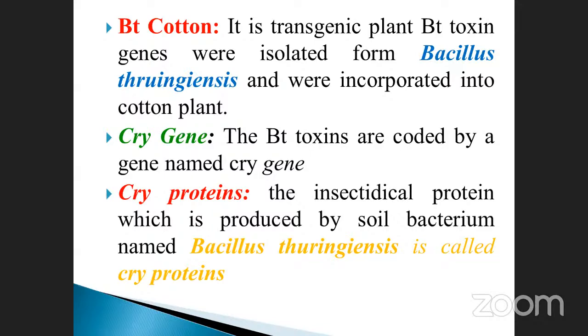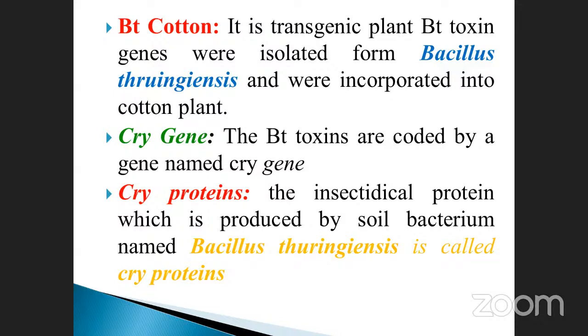In BT cotton, CRY genes are isolated. The CRY gene's toxic substance is called BT toxin. The gene is isolated from the Bacillus thuringiensis, right? The particular gene is called the CRY gene. The CRY gene also produces a protein called CRY protein.